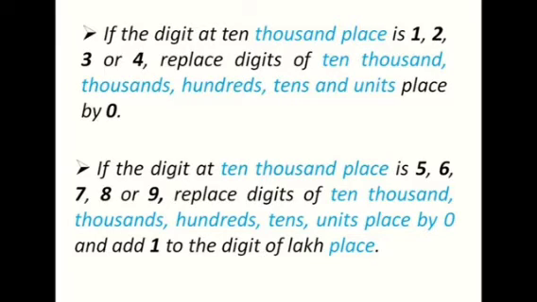Next rule, if the digit at 10,000 place is 5, 6, 7, 8 or 9, replace digits of 10,000, thousand, hundreds, tens, units place by 0 and add 1 to the digit of lakh. So please note down these two rules that we have used in these two previous sums.